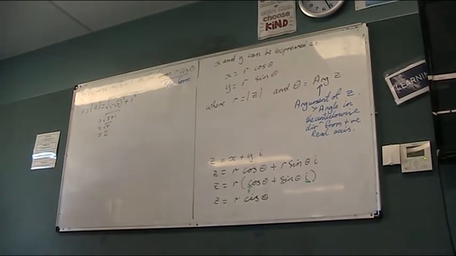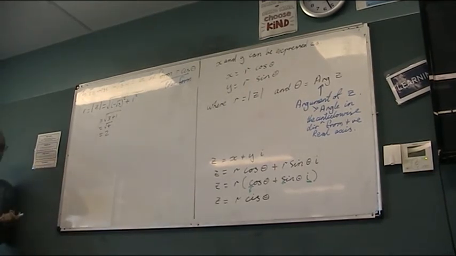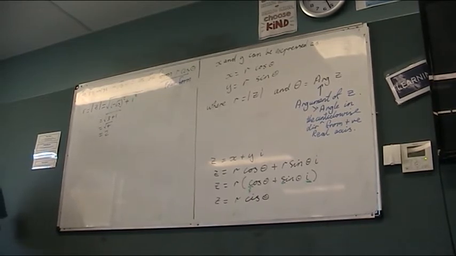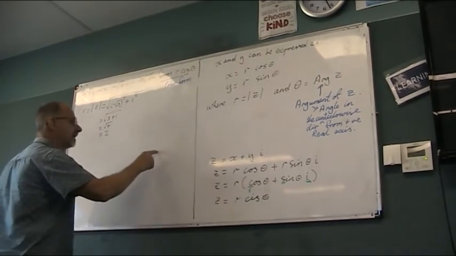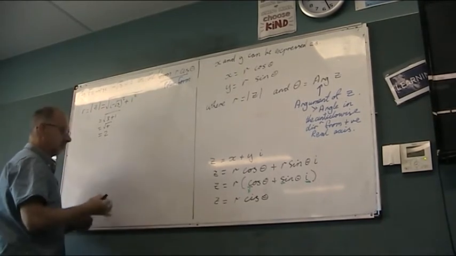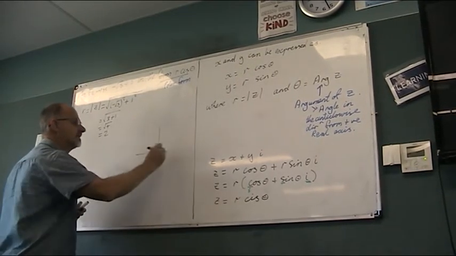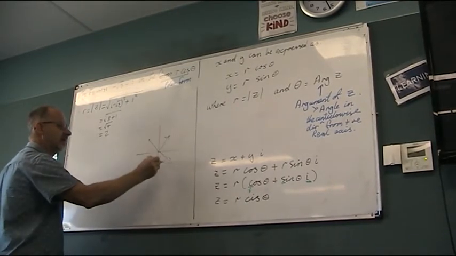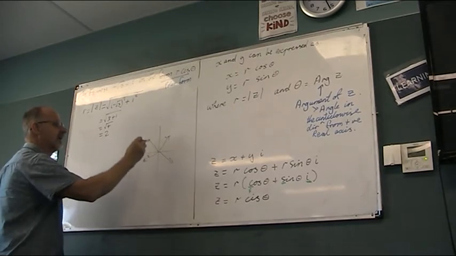So the r, the magnitude of z, the modulus of z, is 2. And we only need to worry about the positive, not the negative, because it's the distance we're going from the origin, wherever we're going. That distance that we're going out is 2.